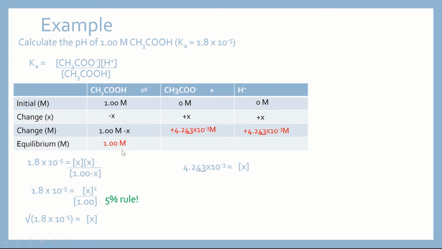It's probably going to end up being a fair assumption. Whereas our concentration of the ion acetate would be 4.243 times 10 to the negative third. And our concentration of hydrogen ions, there's the key. We're looking for our H plus concentration in order to solve for our pH. That's going to give us 4.243 times 10 to the negative third.